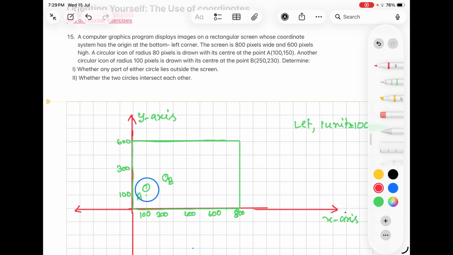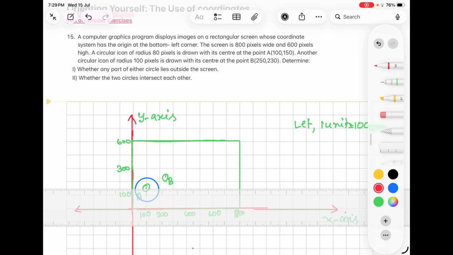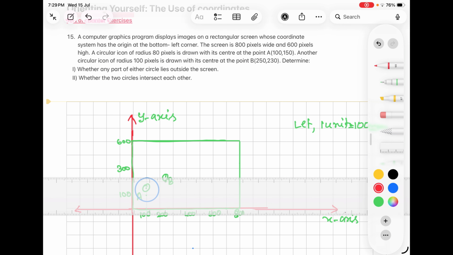Next, at the point B as a center, you have to draw another circle with radius 100 pixel. 100 pixel means 1 unit. You take the radius of 1 unit at the point B as a center. So with the help of a scale, I am taking 1 unit. 1 unit means here 1 unit.